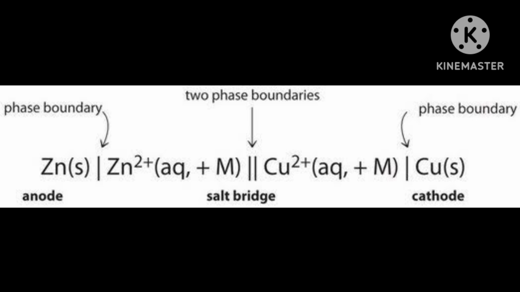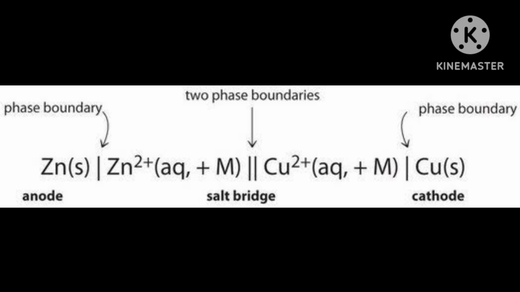Then again you want to know the copper. Now you will apply the formula ER minus EL, that is E cell. E cell is equal to ER minus EL. Again you will join with a potentiometer, and it will tell the E cell value.